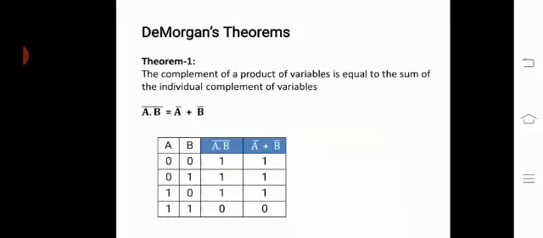The above table shows A into B: 0 into 0 is 0, the inverse is 1. 0 into 1 is 0, inverse is 1. 1 into 0 is 0, inverse is 1. 1 into 1 is 1, inverse is 0. It is the same as the second column.